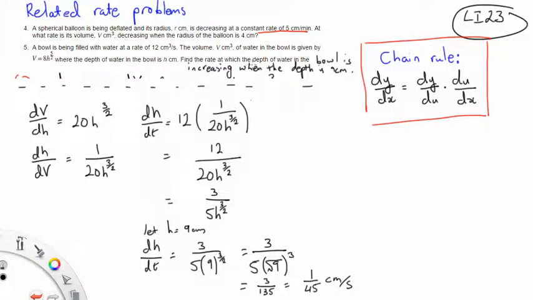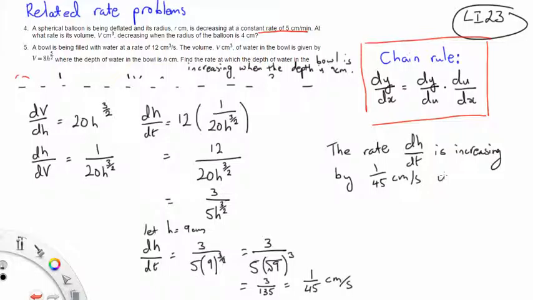So let's say the rate dh/dt is increasing by 1 on 45 centimeters per second when the depth is 9 centimeters. Good to have a sentence there.